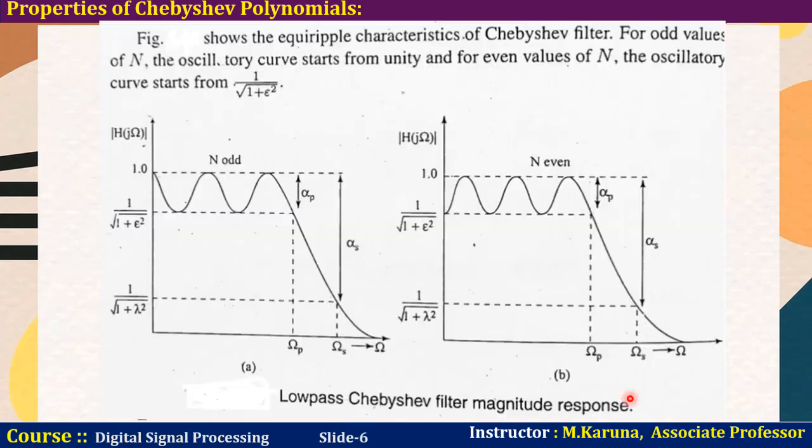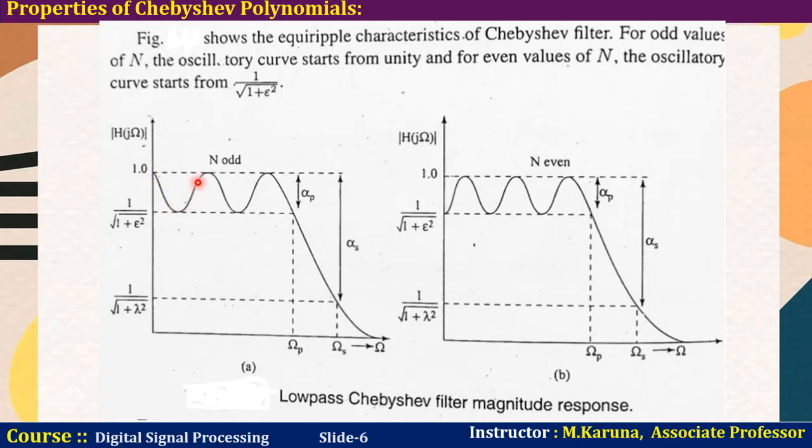This figure shows the equiripple characteristics of Chebyshev filter. This is the low pass Chebyshev filter magnitude response for n odd, and this is the characteristics for n even. For n odd, the oscillatory curve starts from unity.